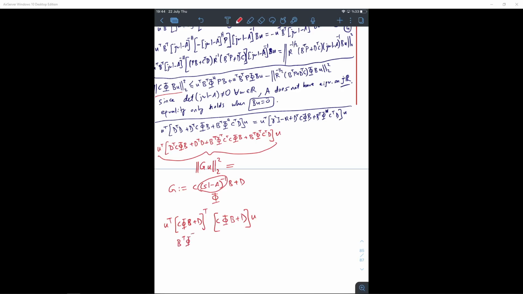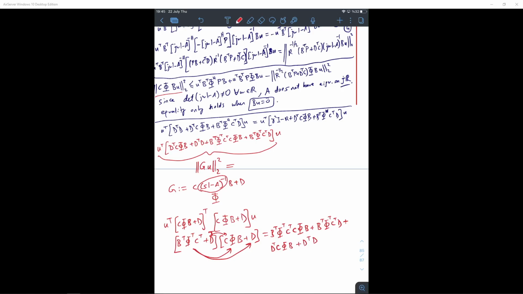B transpose phi transpose C transpose plus D transpose, and C phi B plus D, and first this term B transpose phi transpose C transpose C phi B, okay, and then second plus B transpose phi transpose C transpose D, plus this term, not D, this is D transpose, okay, D transpose C phi B plus D transpose D.